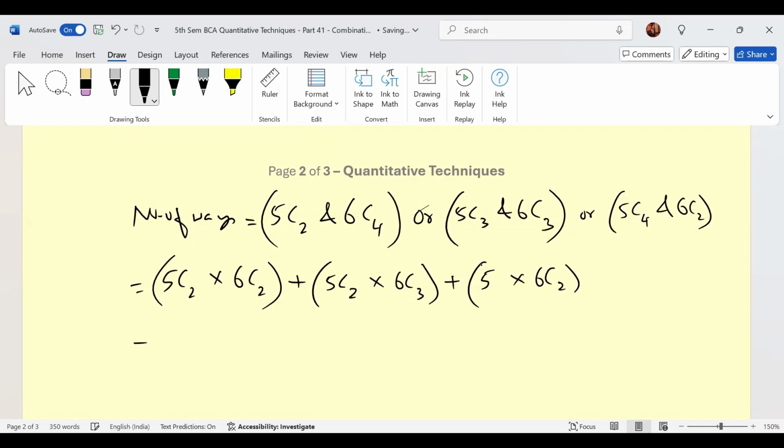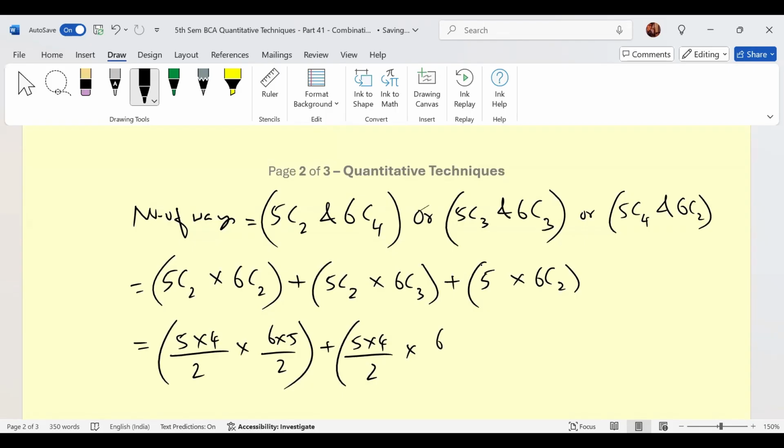Now let us expand this. This will be 5 into 4 by 2 multiplied by 6 into 5 by 2, plus 5 into 4 by 2 multiplied by 6 into 5 into 4 by 3 into 2, plus 5 multiplied by 6 into 5 by 2.